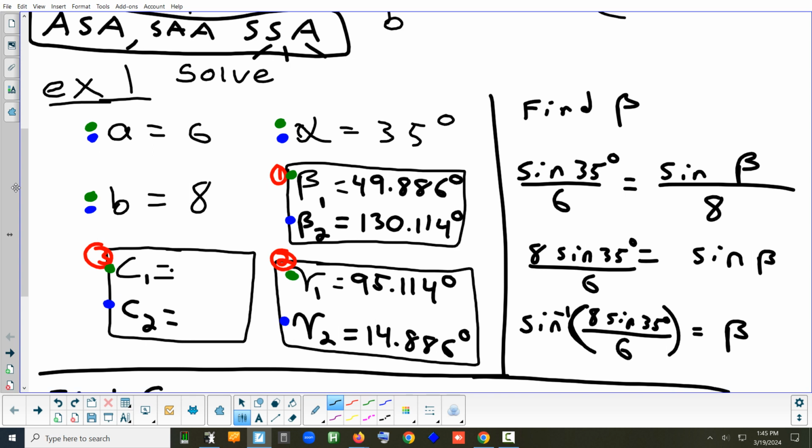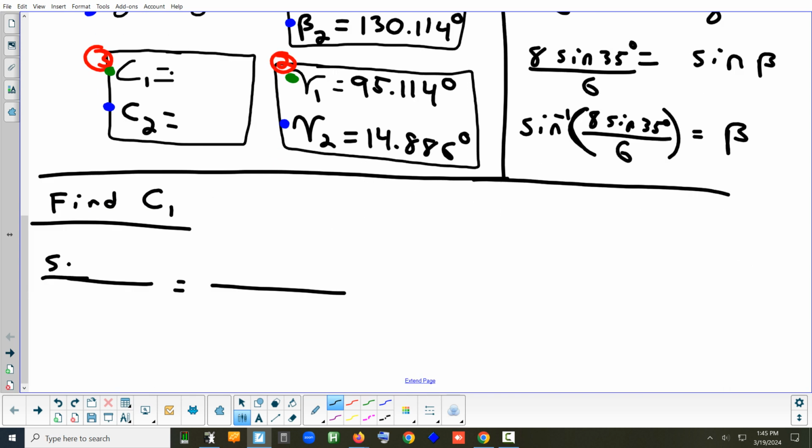We need to start with a green row that has everything in it. Which row here would be a good row that we could use? That's part of the green problem and has everything in it. Yeah, A and alpha. A and alpha is part of the green problem and the blue problem. It's part of both problems.